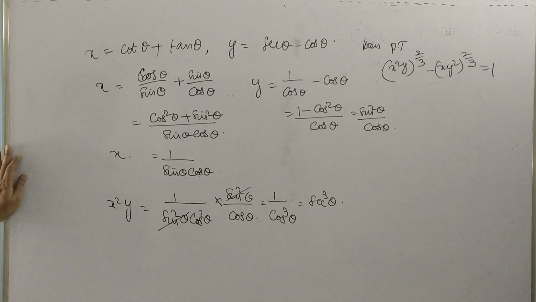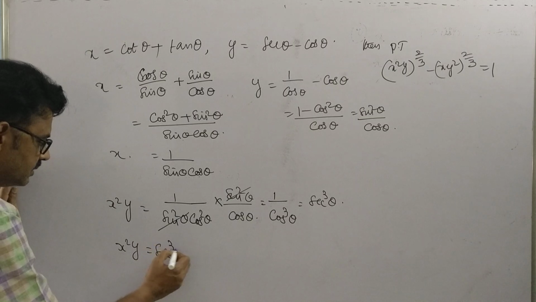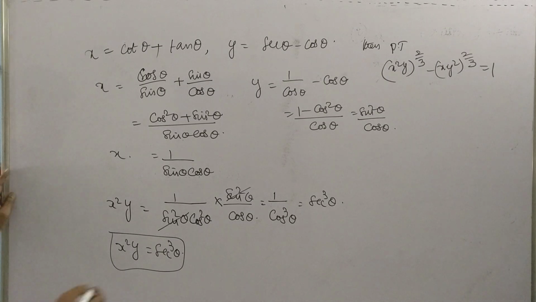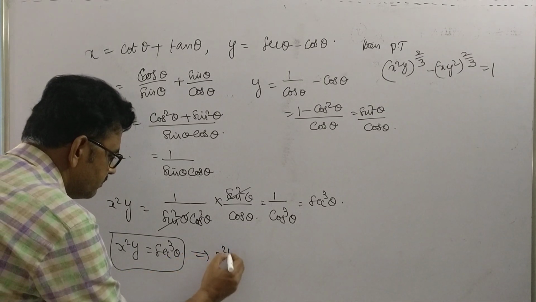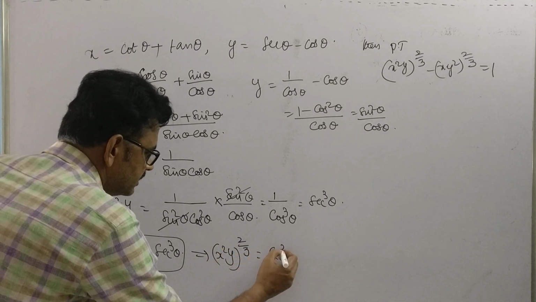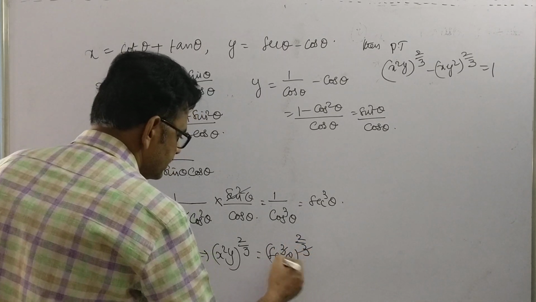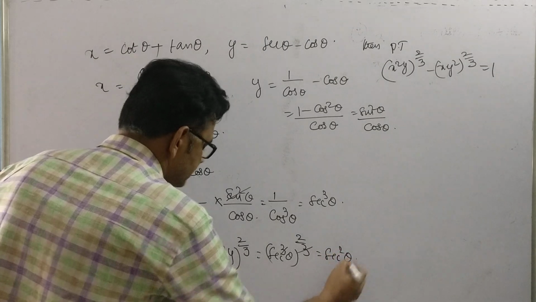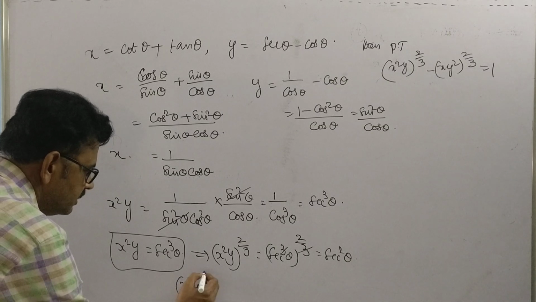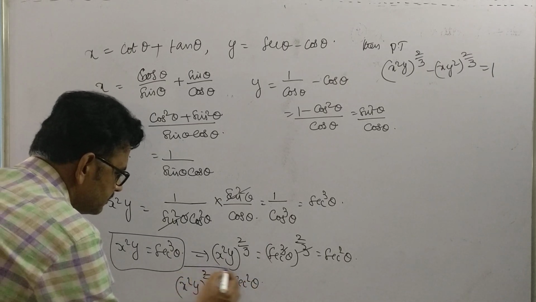So x square y is equal to secant cube theta, which implies x square y whole power 2 by 3 is equal to secant cube theta whole power 2 by 3. So cancel, that is secant square theta. So x square y whole power 2 by 3 is equal to secant square theta.